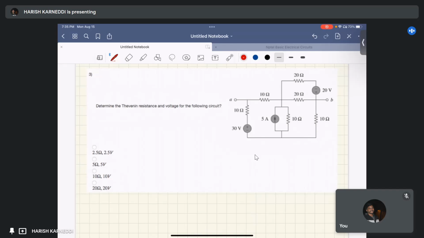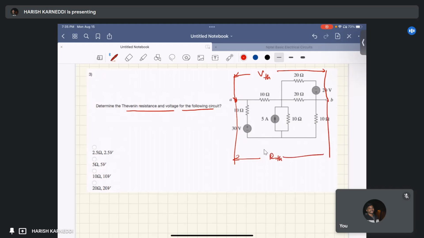Coming to the next question, determine the Thevenin's resistance and voltage for the following circuit. We have to find out the voltage across these terminals, that is A and B terminals. This is VTH, and we have to find out the resistance across these terminals. It is RTH, right?